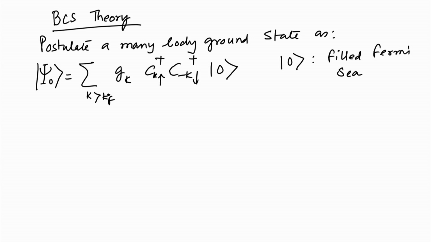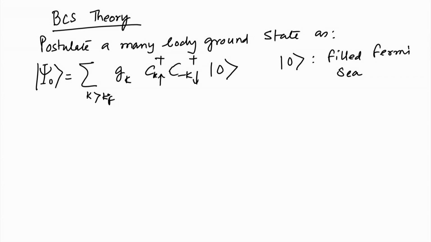g k is some amplitude of the wave function, and c k up dagger, c minus k down dagger is a pair created with momentum k and minus k with up and down spins. This is a many body wave function, a superconducting many body wave function.